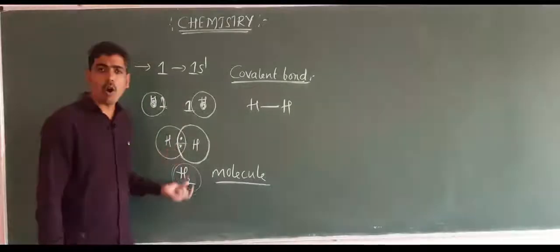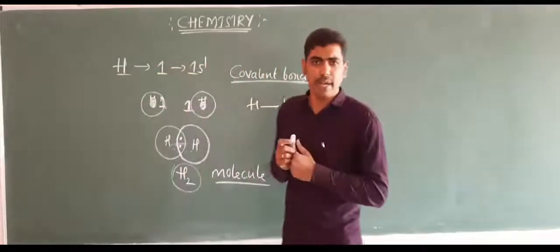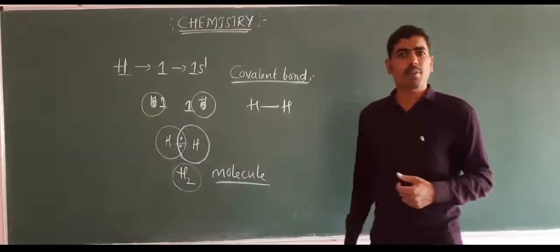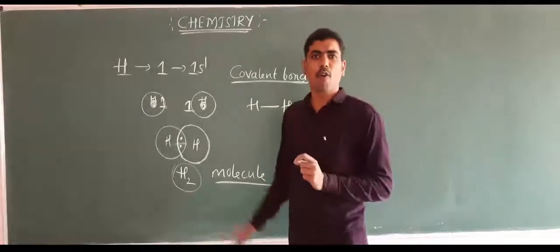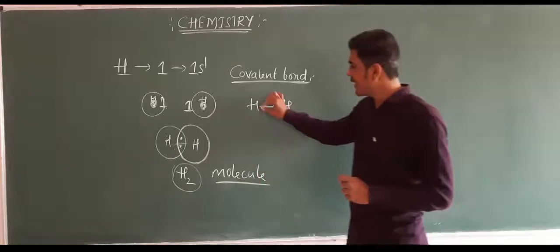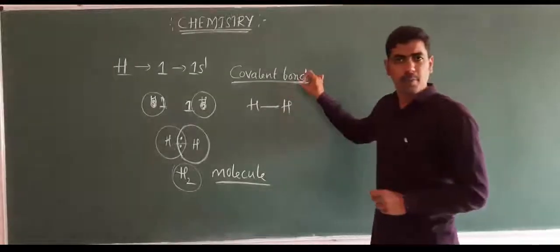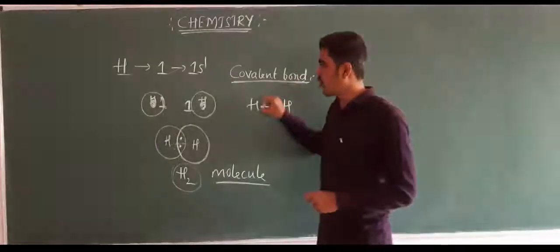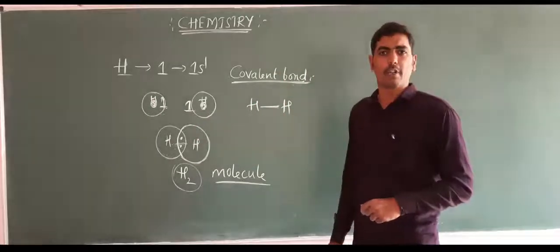Because in order to attain stability, the atoms get combined and hence they form molecules, and molecule is the stable form of an atom. And during this, the linkage will be formed between the atoms, and that linkage is said to be bond. If that bond is formed by sharing of electrons, then it is said to be covalent bond.